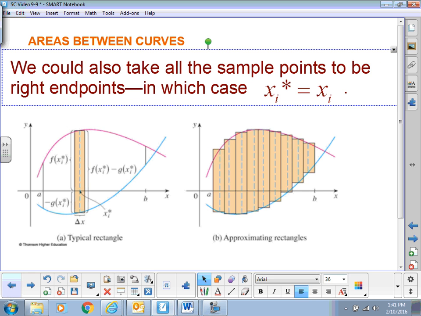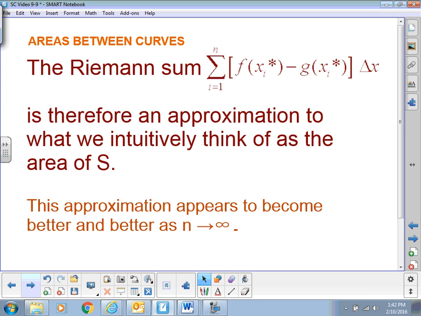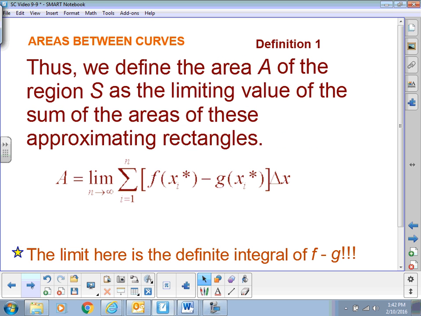As our number of rectangles becomes large, our approximation will become better and better of the area between the curves. So essentially we have a limit, n is our number of rectangles, and that will get infinitely large, and this is the same thing that we saw with our definite integral. So essentially what we're doing is we're just taking the definite integral of the top function f minus the bottom function g.